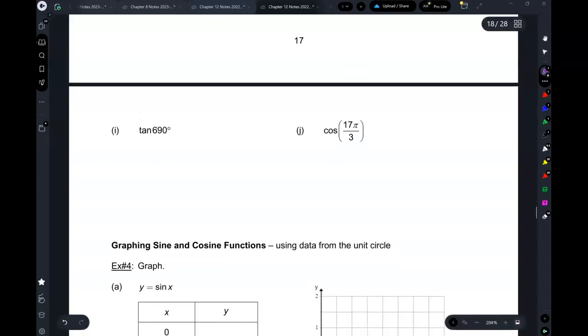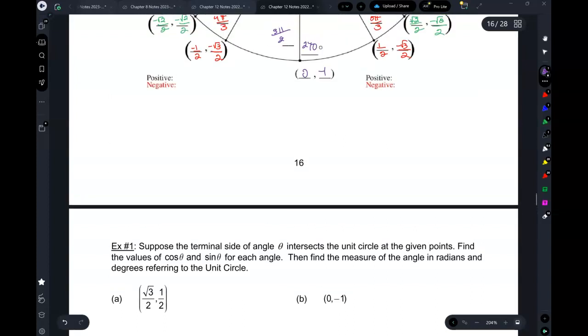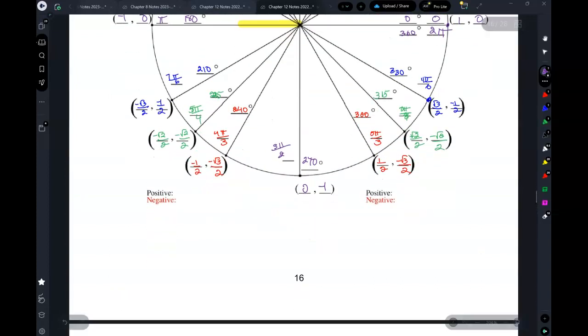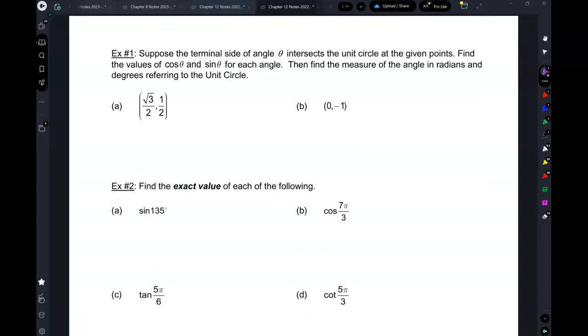Okay, all right, so let's do some of these. Suppose the terminal side of an angle theta intersects the unit circle at the given points. Find the values of cosine and sine for each angle. Then find the measure of the angle in radians and degrees.